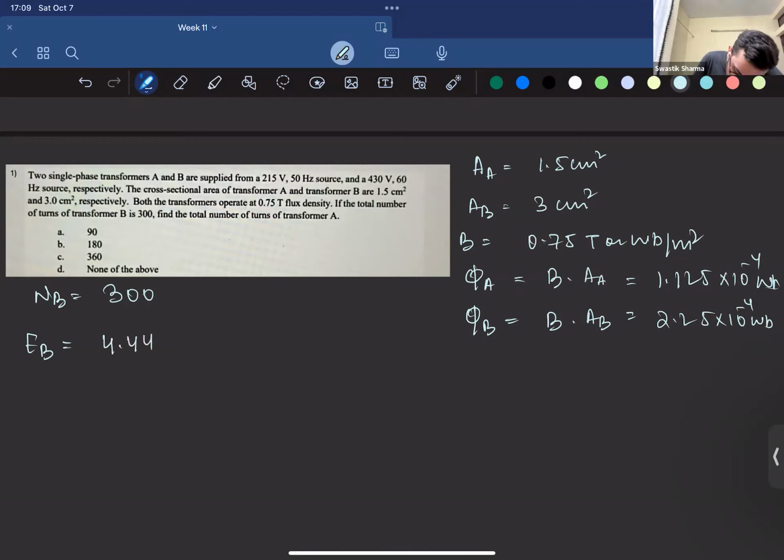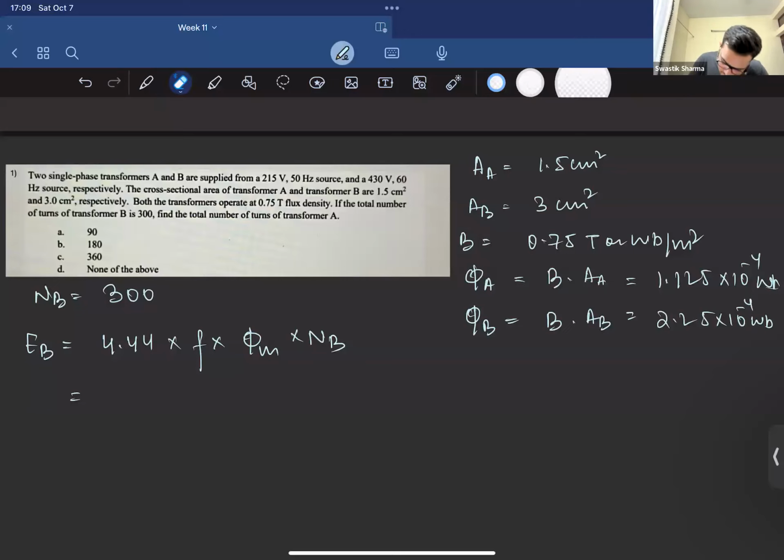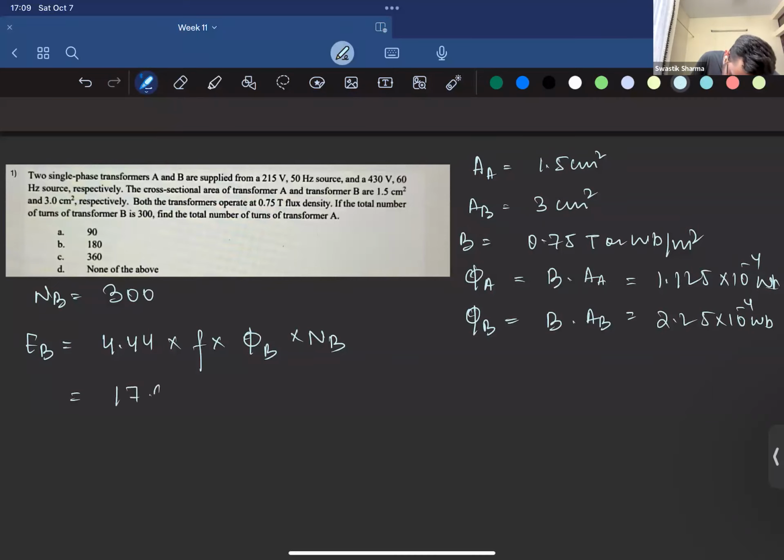We know it's given by 4.44 times frequency times maximum flux produced and the number of turns. So what does it come out to be? Since frequency is 60, phi B is 2.25 into 10⁻⁴, and NB is 300, we get 17.982 volts.